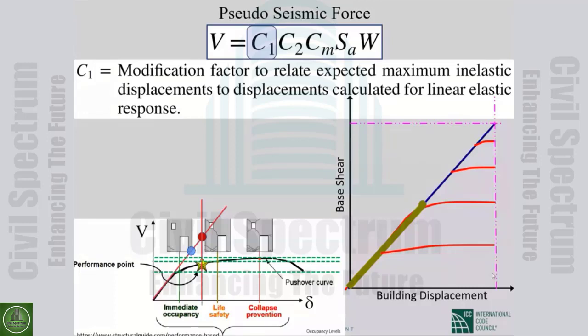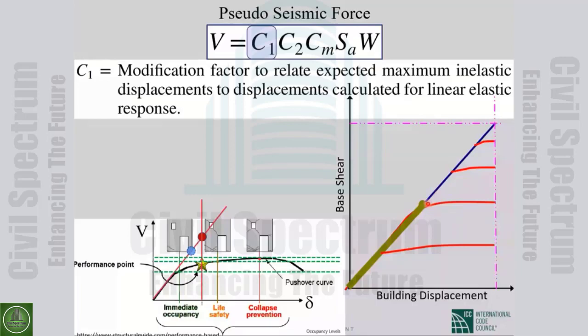So for the buildings with larger periods, we assume that C1 is around 1, even if the strength of the building becomes smaller and the building gets lots of damage during the earthquake.